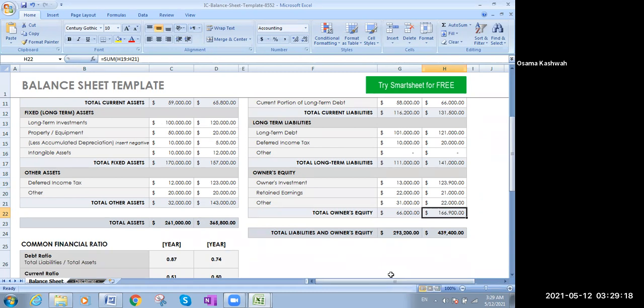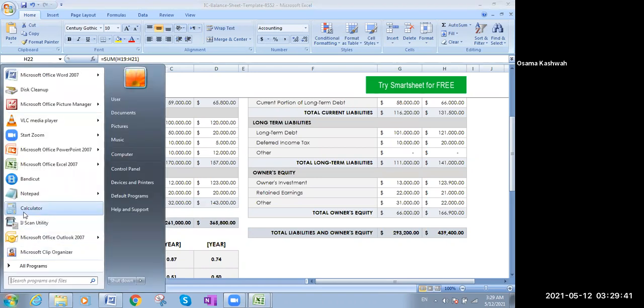To compare between both of them, the balance sheet must be balanced. So we have to look for the gap. Where is the gap? This is 293,000. This is 261,000.